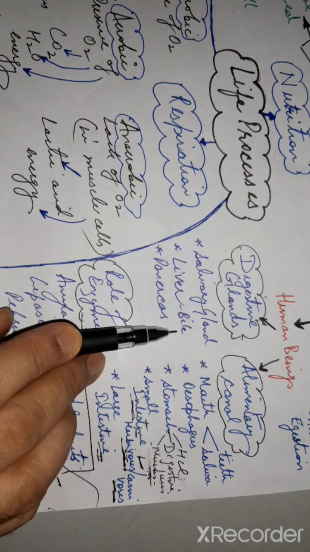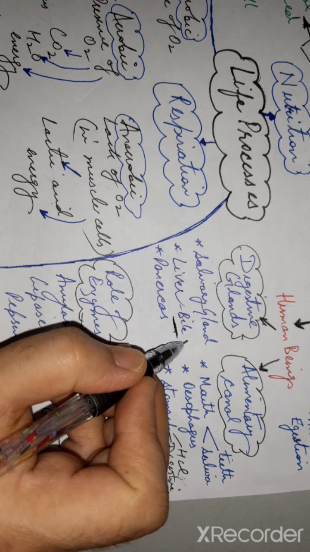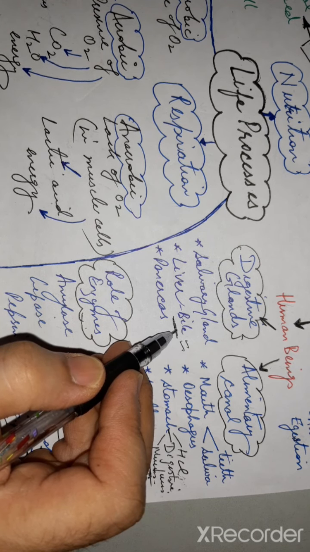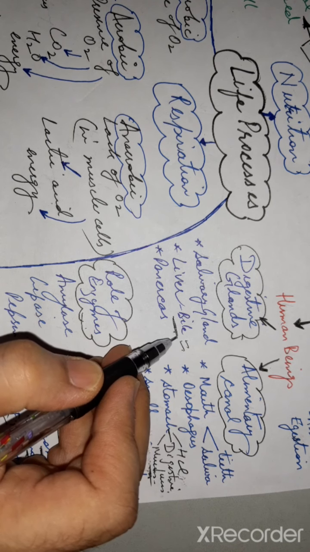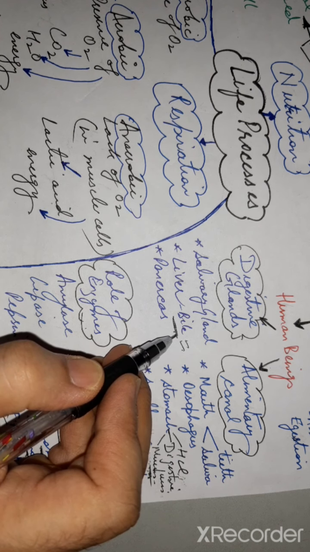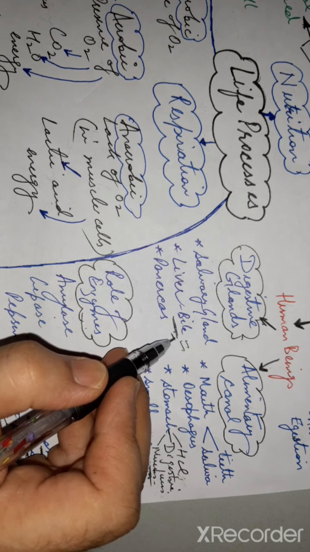Liver secretes bile. You know, this bile is very important. It performs two main functions. One is the large fat globules are converted into smaller ones, and that is called emulsification of fats. Second function is it makes the medium alkaline.